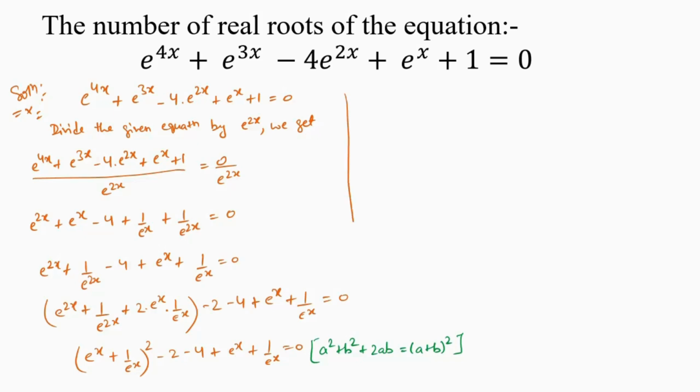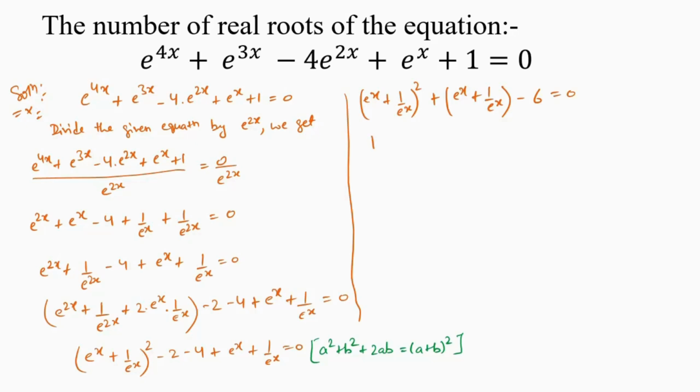So on solving this, we have (e raised to the power x plus 1 over e raised to the power x) whole squared plus e raised to the power x plus 1 over e raised to the power x minus 6 equals 0.